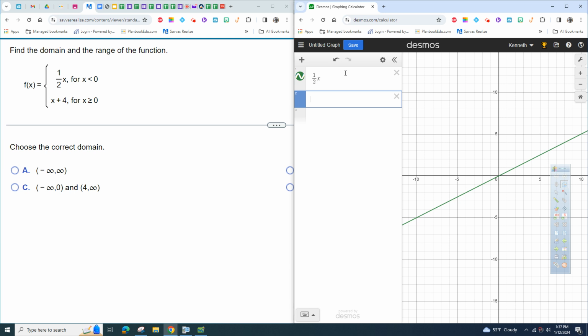And then I got X plus 4. Okay. So they kind of cross over, but we need to go back and add in some limitations to these, right? So we got this brace, and I'm going to put x less than 0.